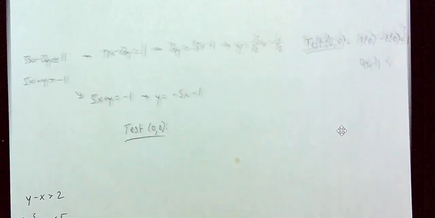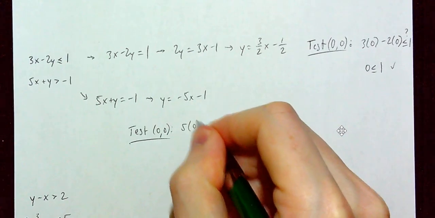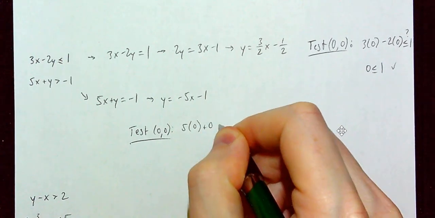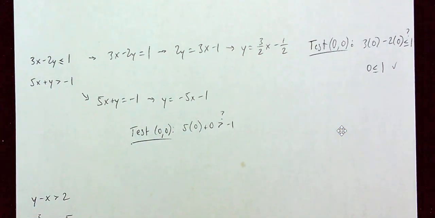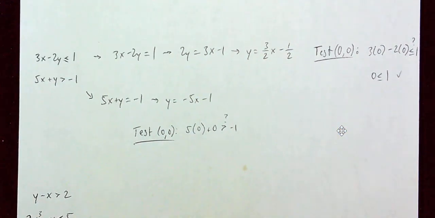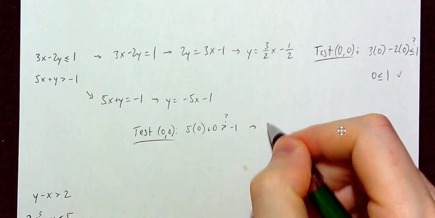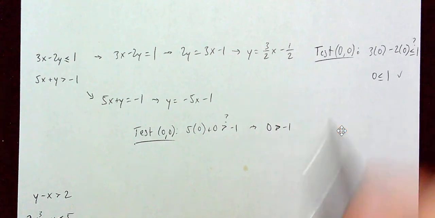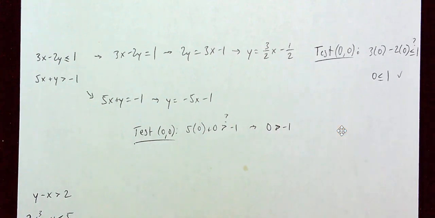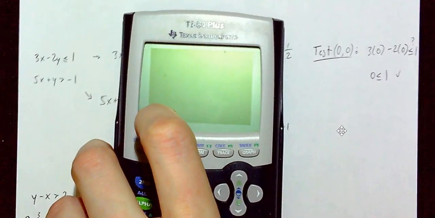So 5 times 0 plus 0, is this strictly greater than negative 1? And 5 times 0 is 0. 0 plus 0 is 0. 0 is greater than a negative 1. So yes, this point does make this one true.